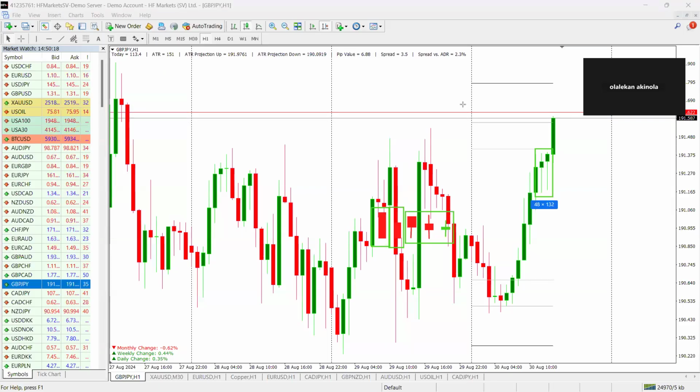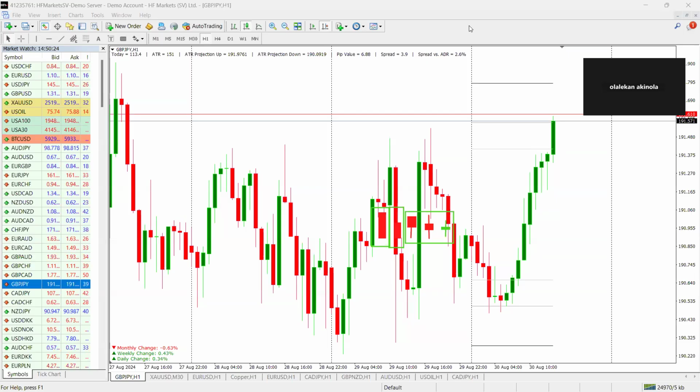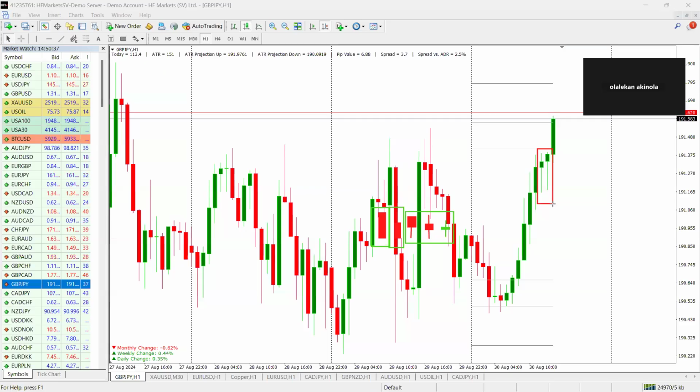This one here. How come price didn't reverse? Why didn't price reverse at that point? What's happening? Why didn't price reverse at that point?